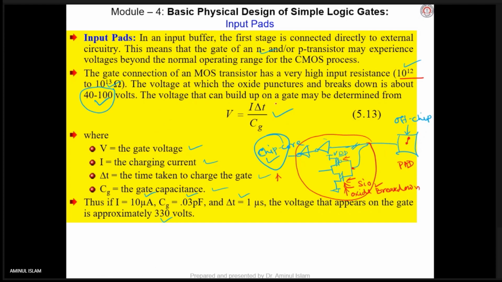The voltage that can build up on the gate may be determined with this equation: V equals I delta T by Cg, where V is the gate voltage. Because of the external circuit, it is coming and getting applied here. I is the charging current. You know that there is a huge interconnect capacitance, in the picofarad range, not femtofarad.